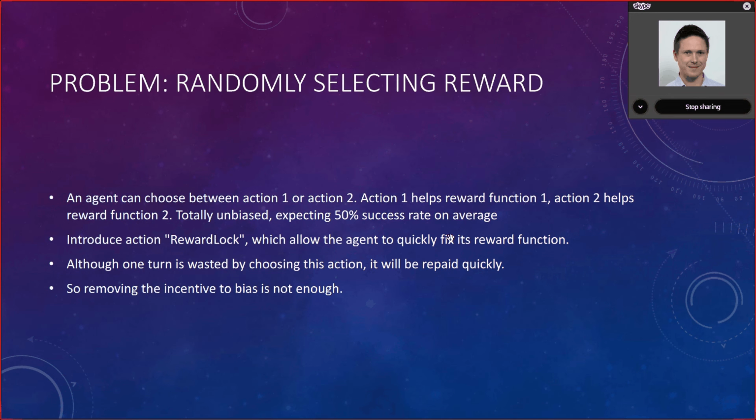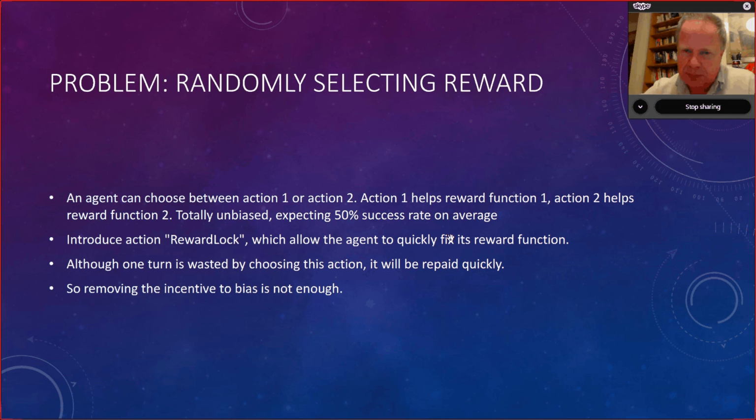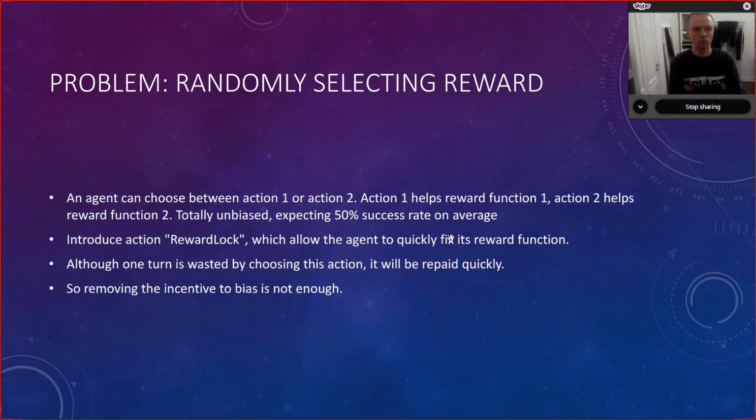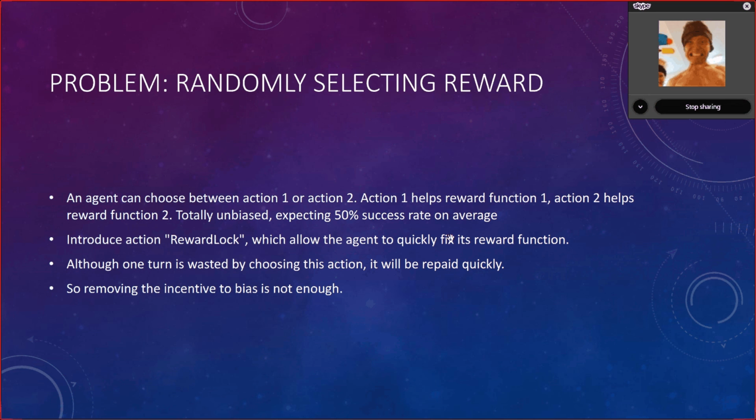So if you take this action to lock in your reward as your first action, then after you have decided, oh, reward function 1 will be the best one, that's the one I'll be rewarded for, all the next times you can just take reward function 1, and you know that's the good one because you've locked your reward function to that.